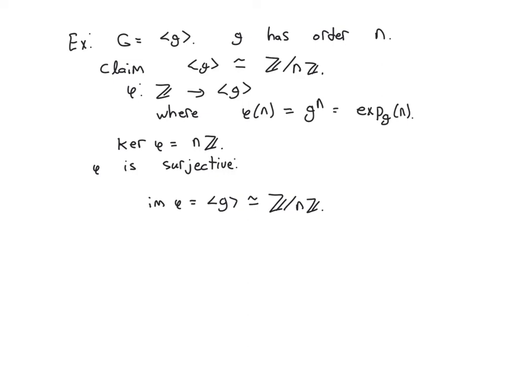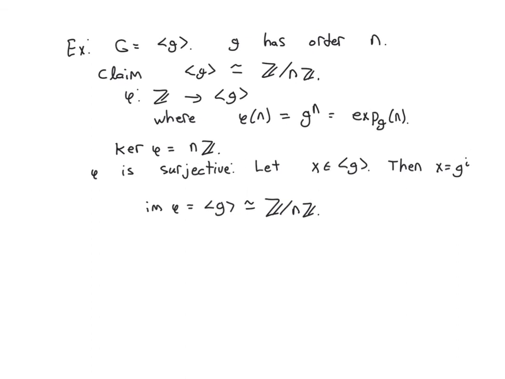So why is this surjective? I'll just take an equivalence class in Z mod NZ. Oh no, wait, I'm working in G, right? Take any element in the cyclic group generated by g. Then it must be of the form g to the i for some power i.